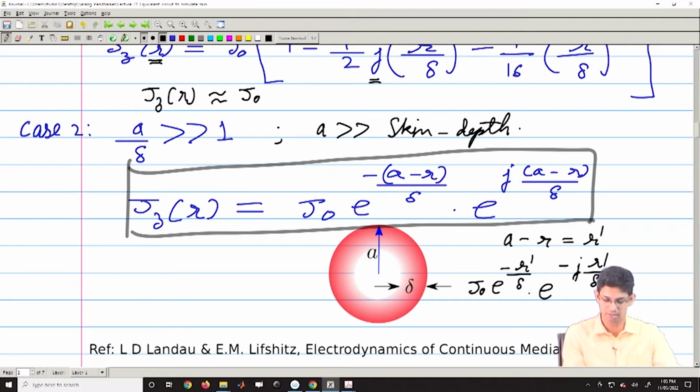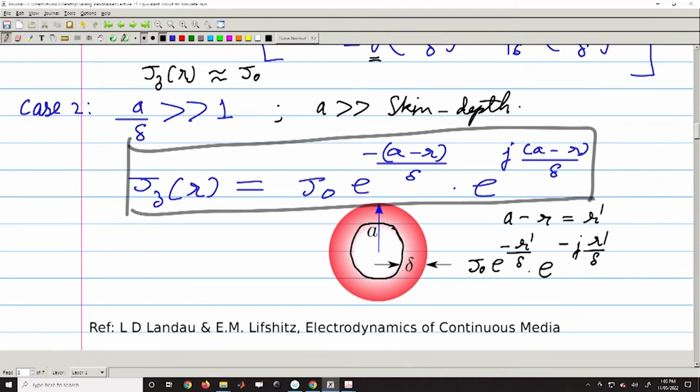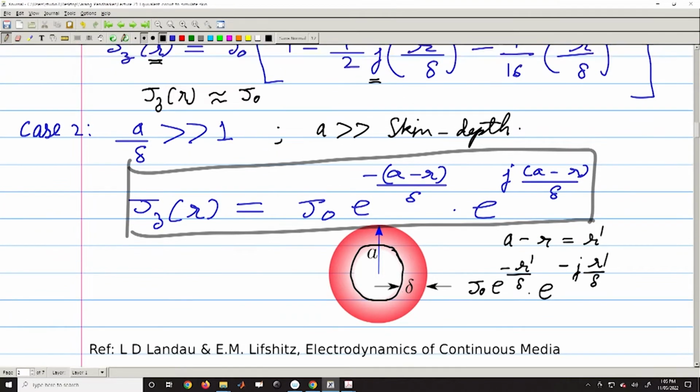The current density is attenuating below the surface of the conductor, and effectively you can say that this is my conducting region. So, the analysis which we did for Cartesian coordinates with oversimplified cases is still valid. In a cylindrical case, we are getting closed form expressions for something like this.